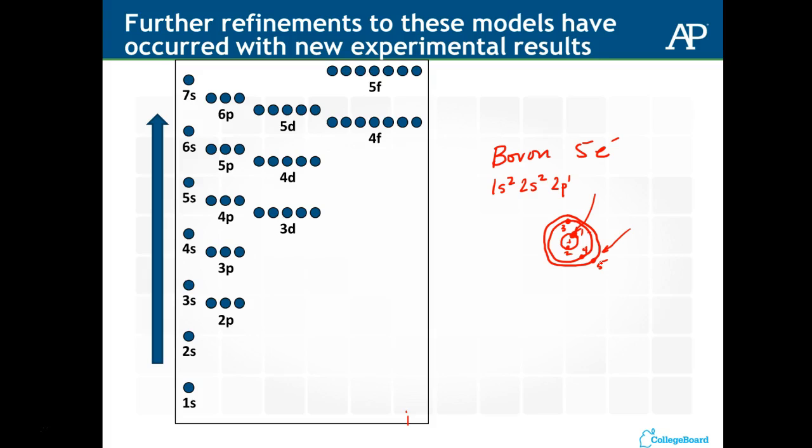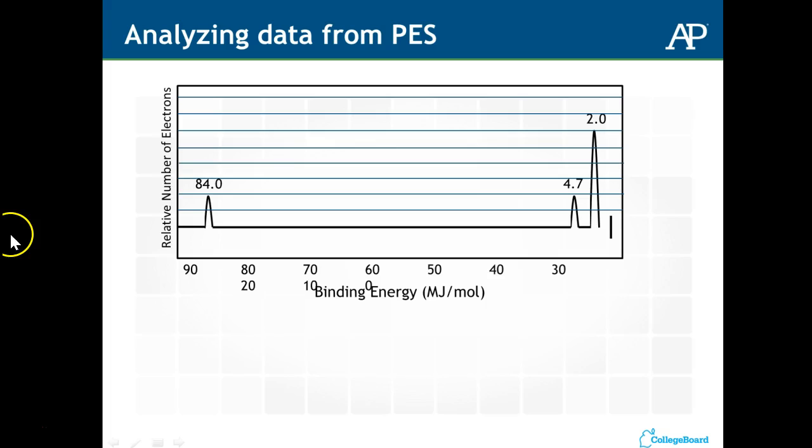So we're going to be looking at an image that reflects the electron ionization energy. Let's look at our first PES, or photoelectron spectrum. You're going to see a graph that has peaks, but more importantly, let's look at these axes. Here it tells you the relative number of electrons this atom has, and here is binding energy.